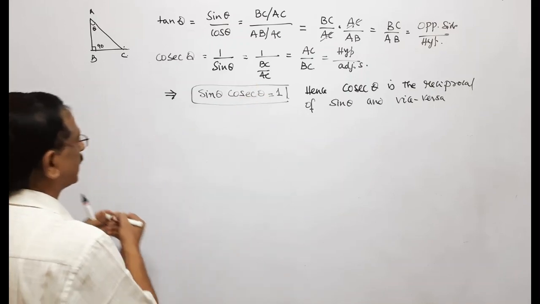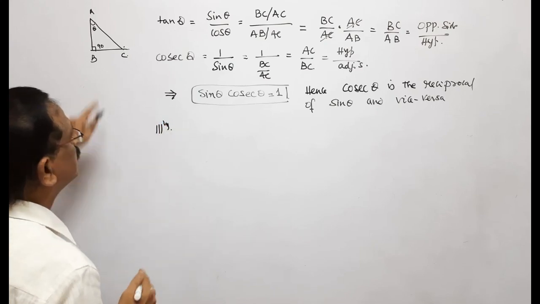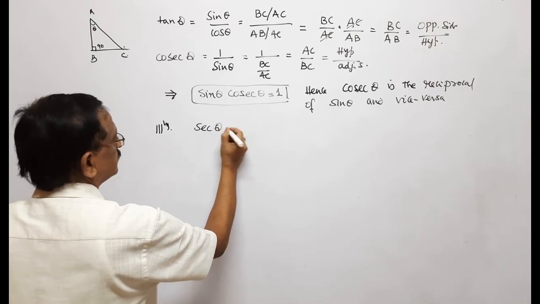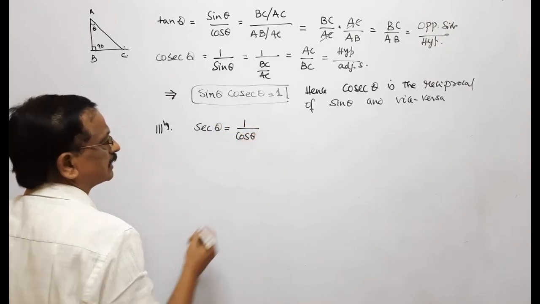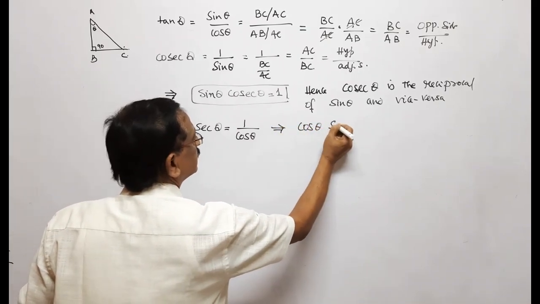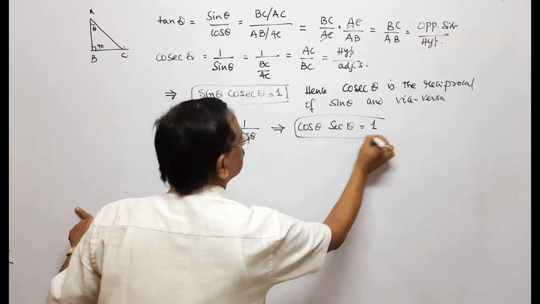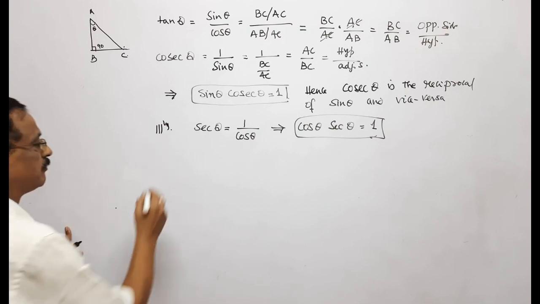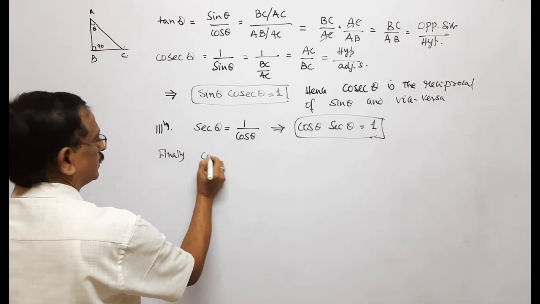Similarly, I will not go deep into secant theta. Secant theta is defined as 1 by cos theta. This implies cos theta into secant theta is 1. Again, these are reciprocals. Finally, I'll define cot theta.